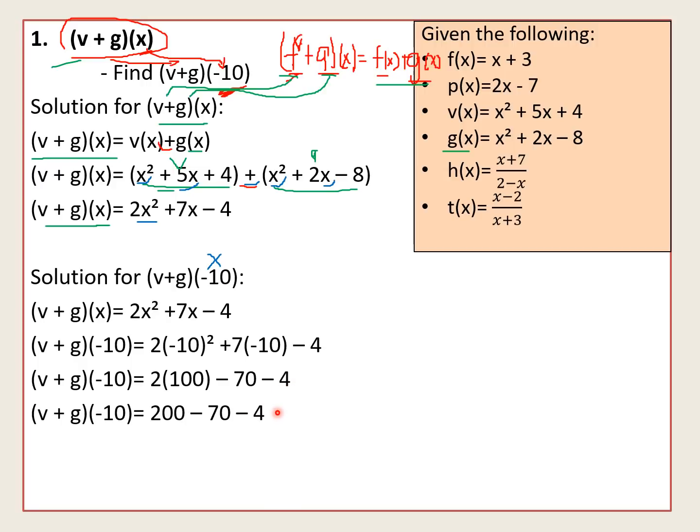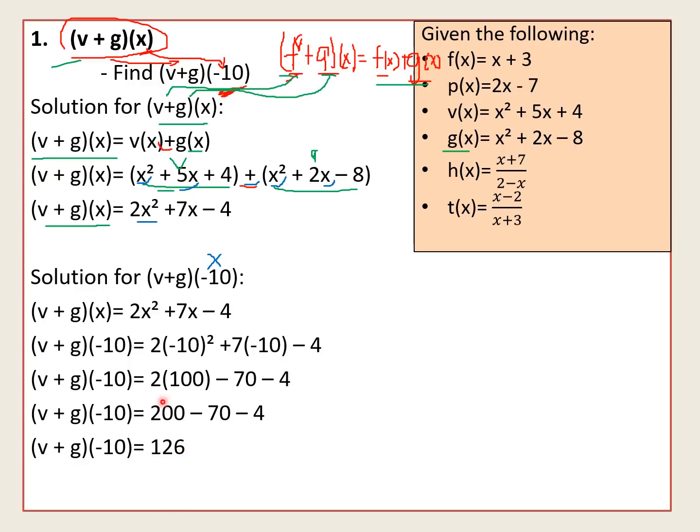So, I'm doing the steps one by one. Okay, now it's easy. We're going to perform the operations. So, our final answer would be what? 200 minus 70 is 130. Okay? And 130 minus 4 is 126.